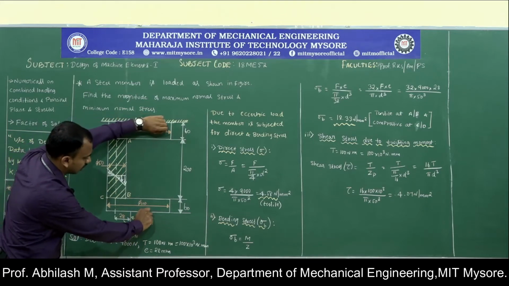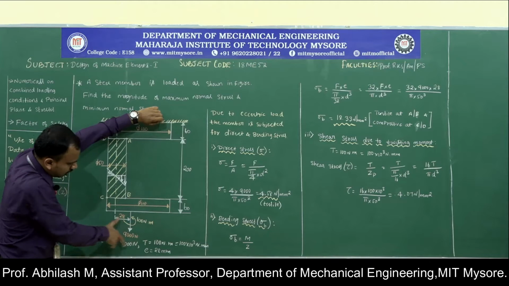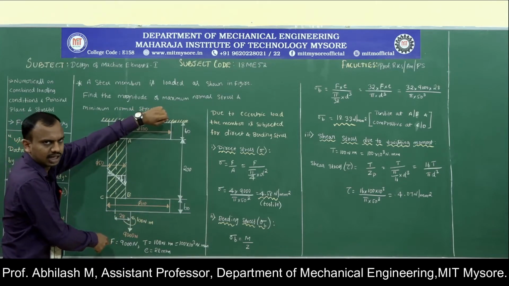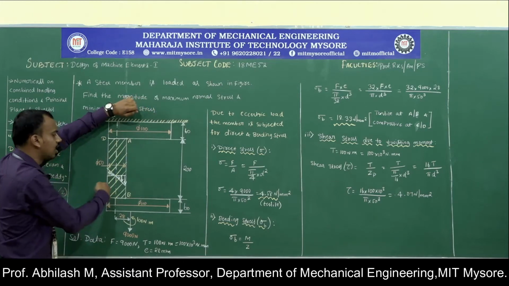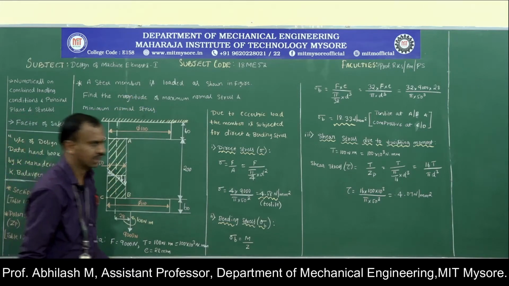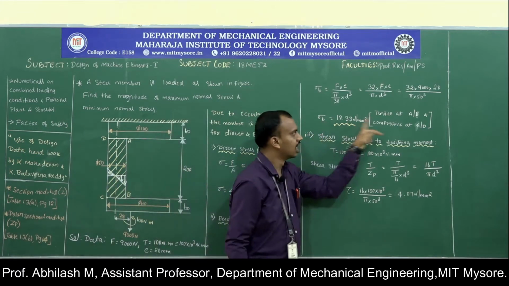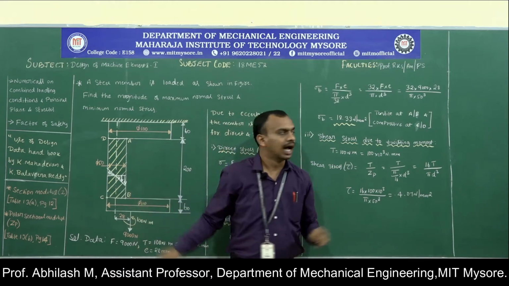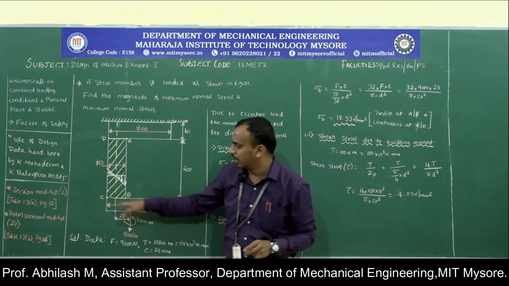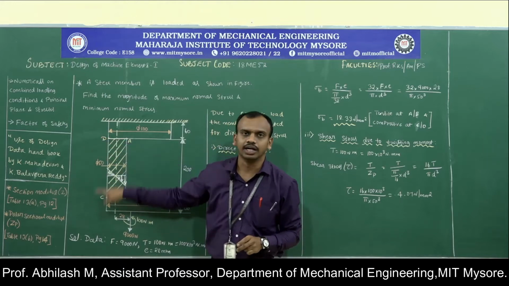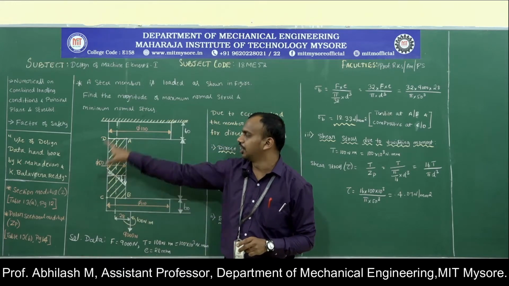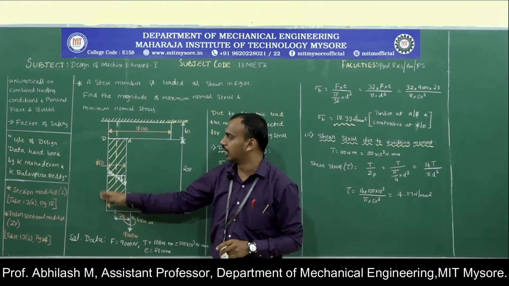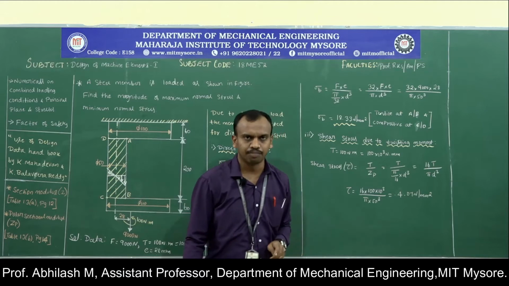This is a steel member, so the nature of the bending stress will be tensile at portion A or B, and compressive at the region of C or D. Depending upon the condition we are considering, it will vary.